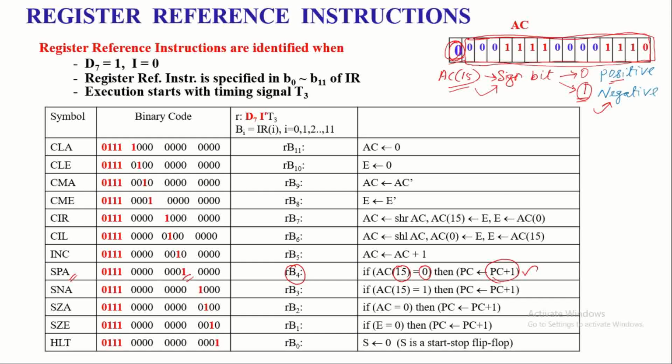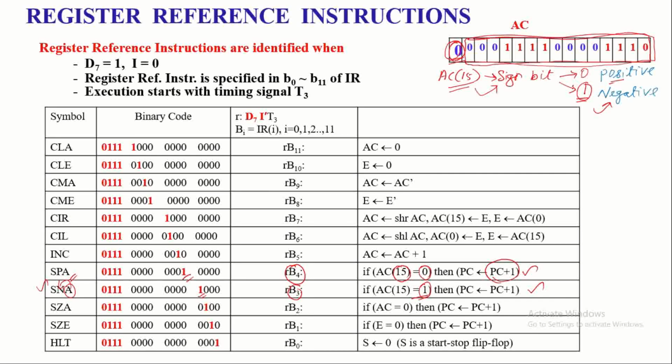Okay, and if bit value 3 is set to 1, the operation to be performed is skip next instruction if accumulator value is negative. Okay, so very similar to the above. Here, if accumulator 15th bit is equal to 1, then the next instruction needs to be skipped by incrementing the program counter.